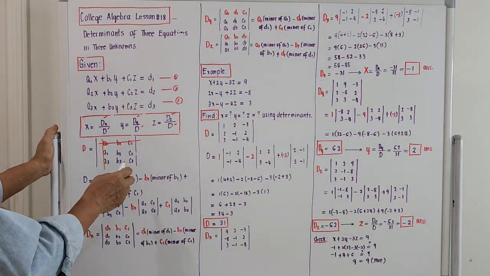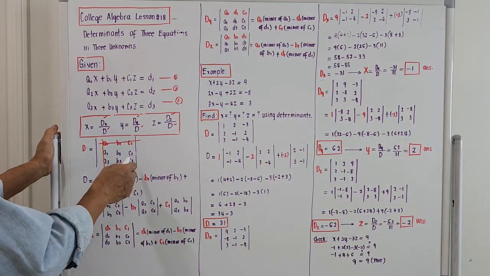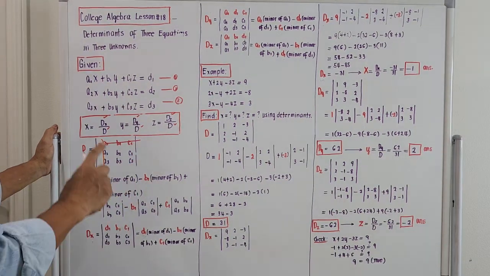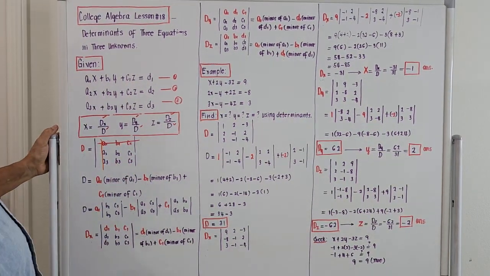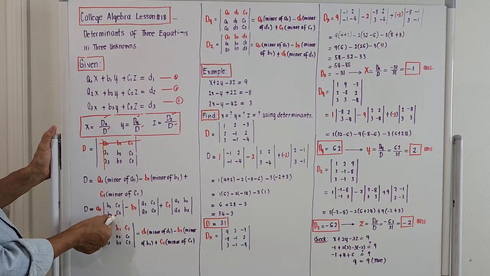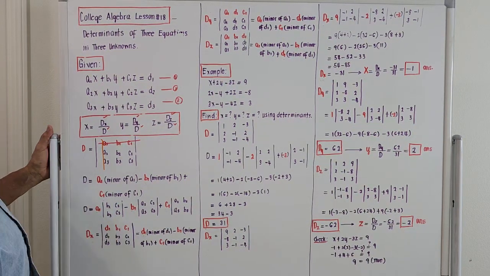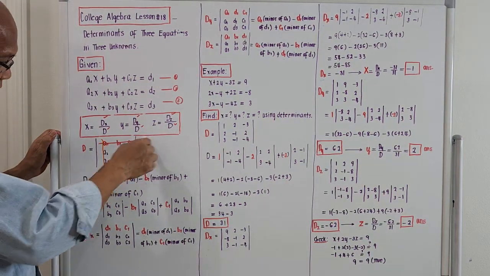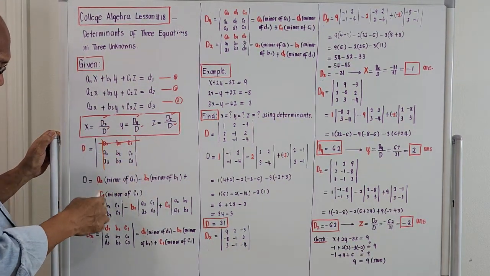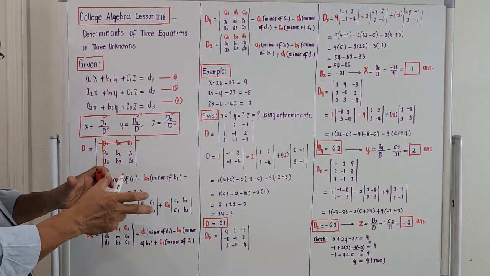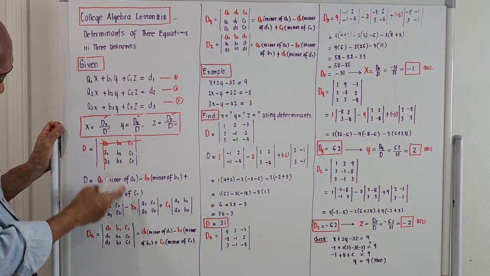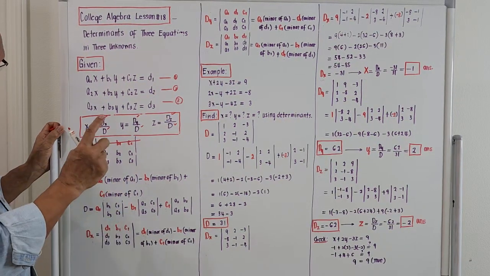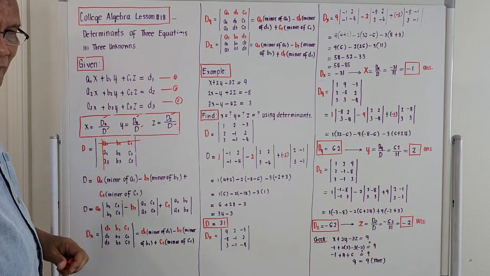So what remains, the ones that were not crossed out, are B2, B3, and C2, C3. So the minor of A1, the matrix, will be B2, B3, and C2, C3. You got it? We cross this row here, and we cross this column here downwards. What remains that was not crossed out are B2, B3, C2, C3. That's the minor of A1.